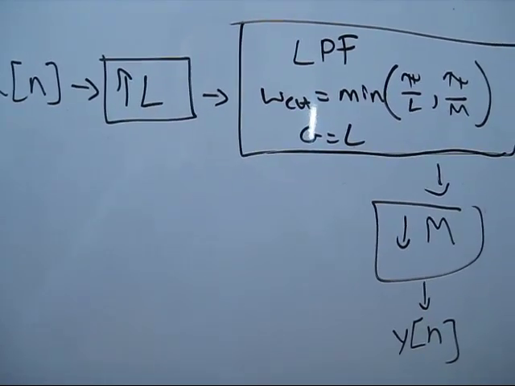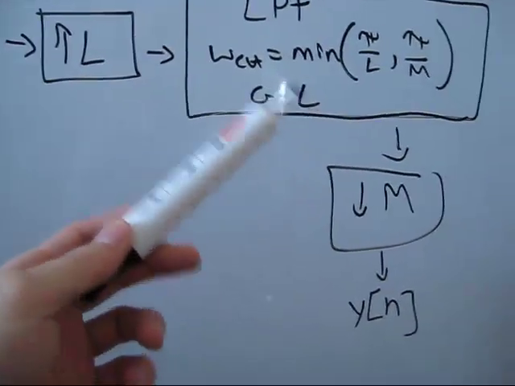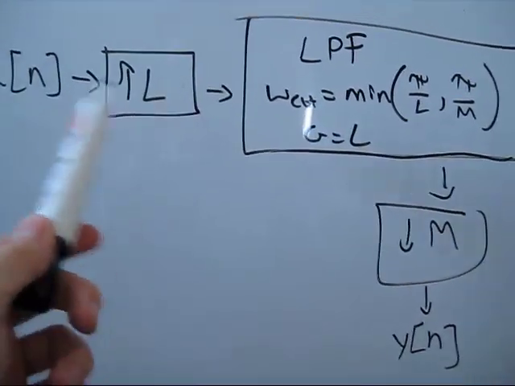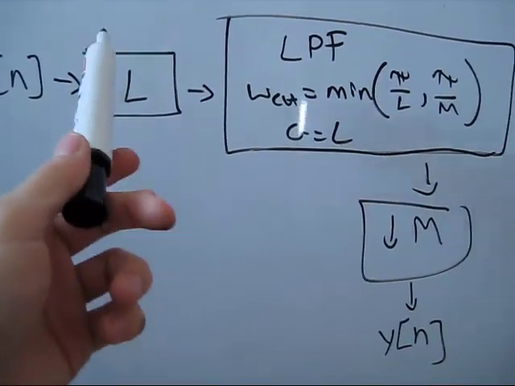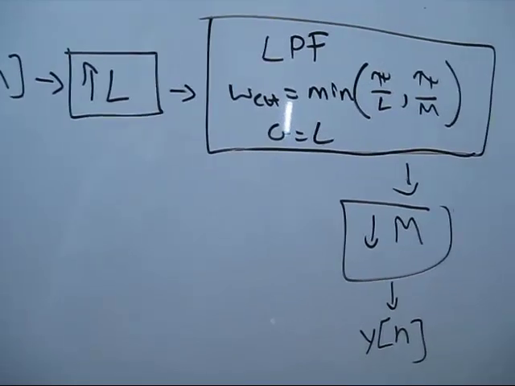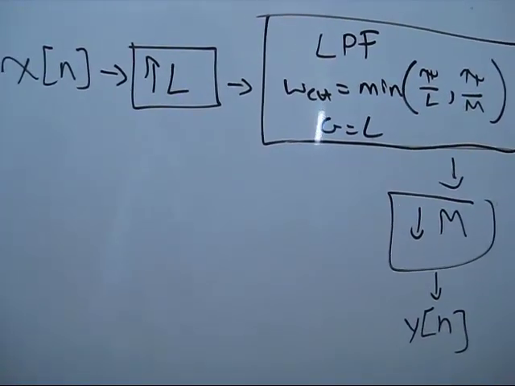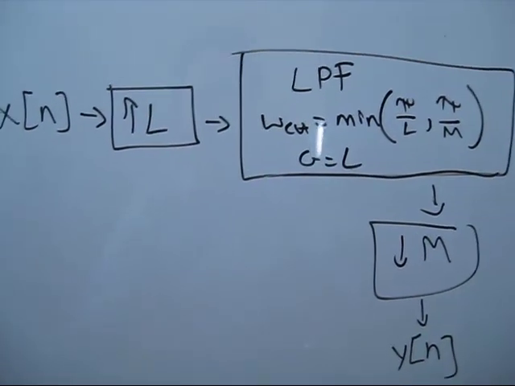Well, all you have to do is low pass it and decimate it, or if you want to go by some other fraction, just do this order. So yeah, that's pretty much what's involved with down and up sampling.